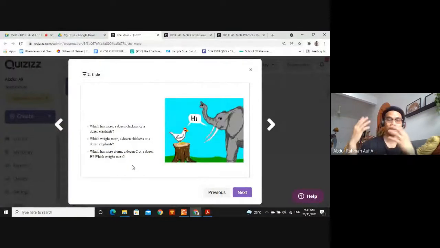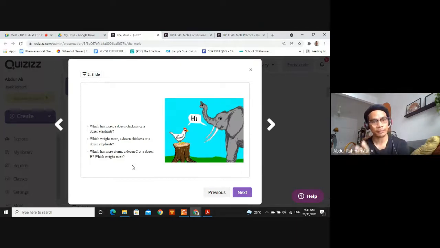The elephant is bigger in size. Carbon, because it contains more protons and neutrons, is therefore bigger in size. But the number of atoms is the same. If we're talking about a dozen carbon, we're talking about 12 atoms, the same number as 12 hydrogen atoms. But because of the size difference, carbon weighs more.